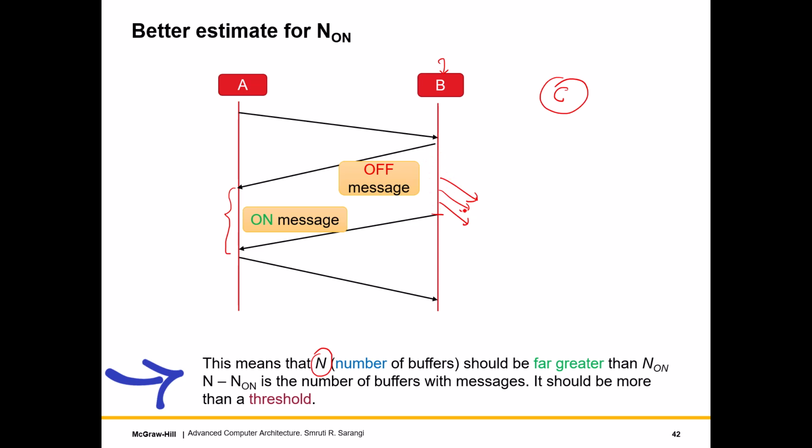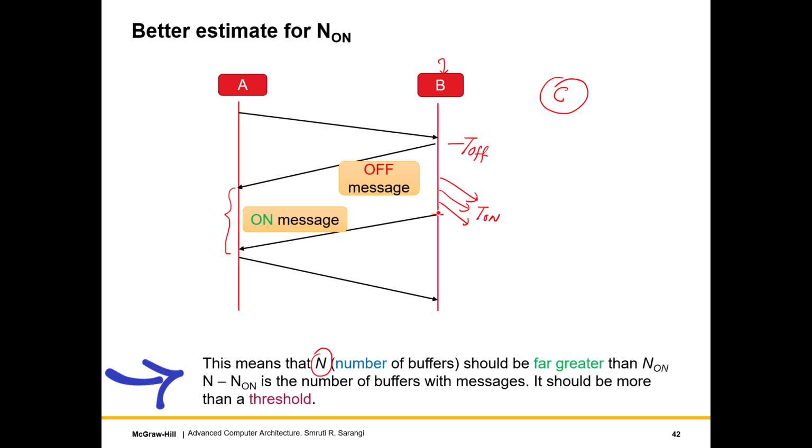So what you will do is that you will keep on sending, right? And after you have sent messages, you have enough free buffers. So let's say this is the off threshold; the moment you reach the on threshold, you send a message to A to start sending.